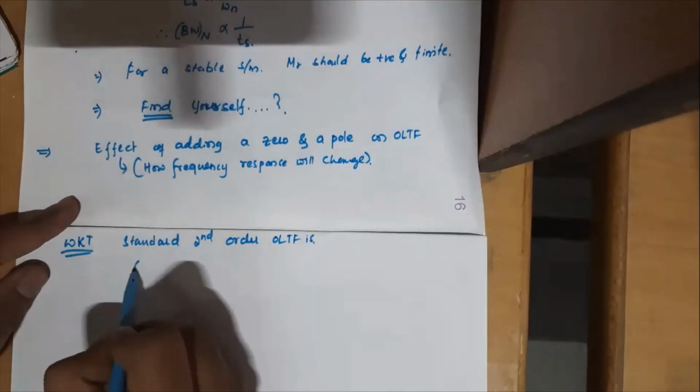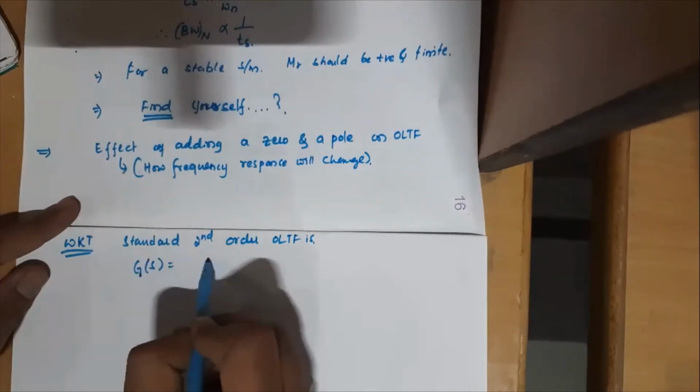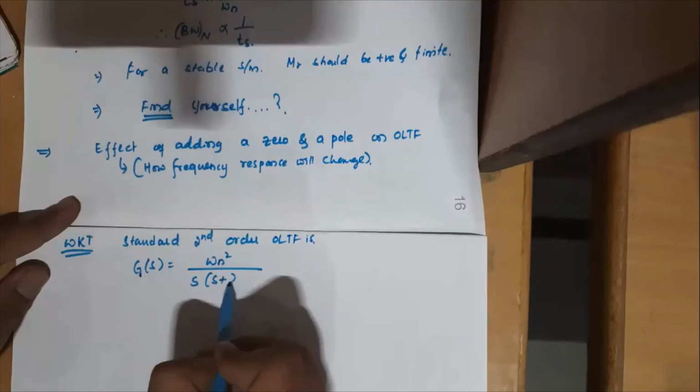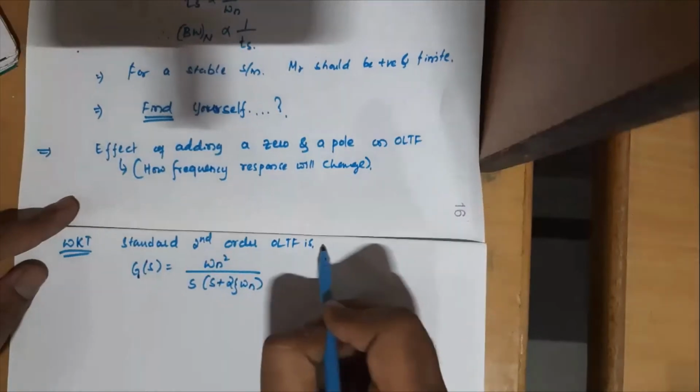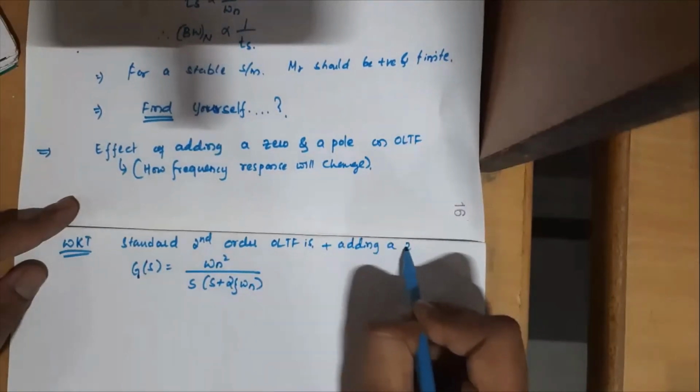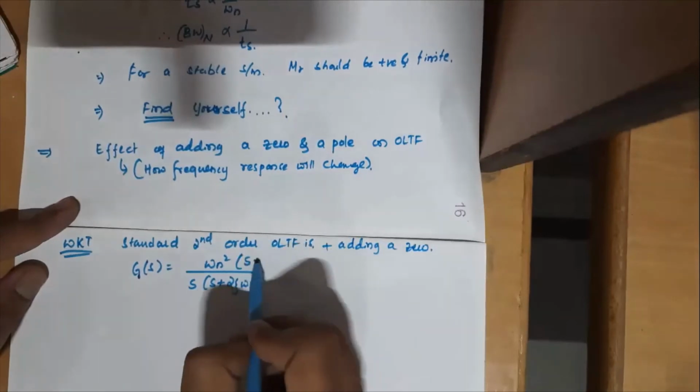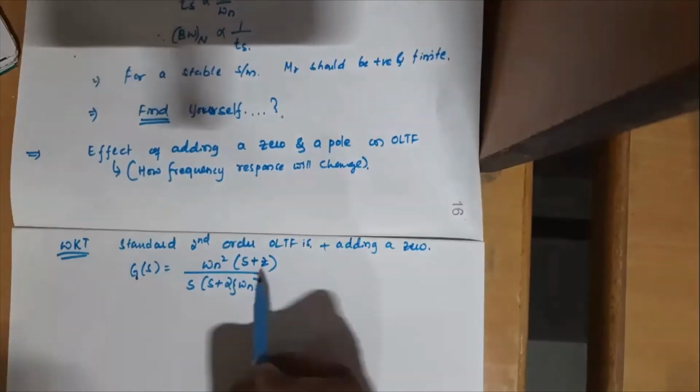So let us take a standard second order system OLTF, the open loop transfer function: omega n squared divided by s into s plus 2 zeta omega n. Now add a zero to it, like s plus z.